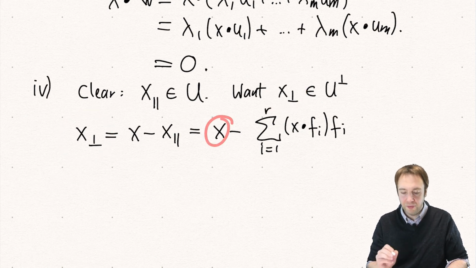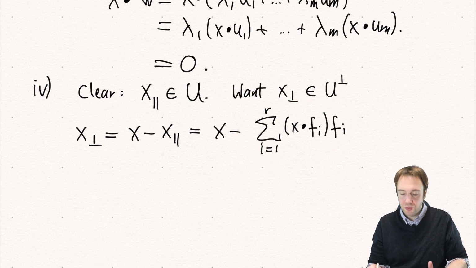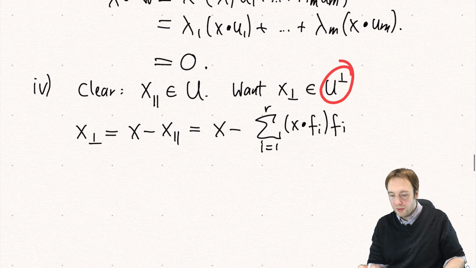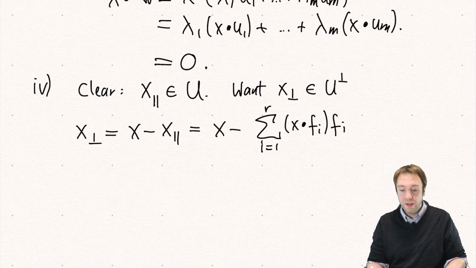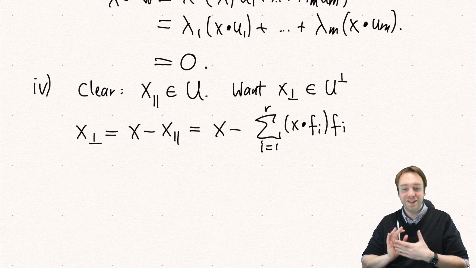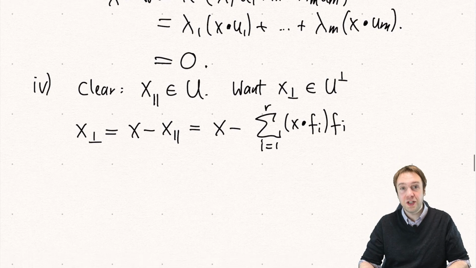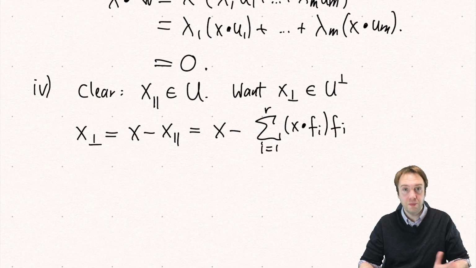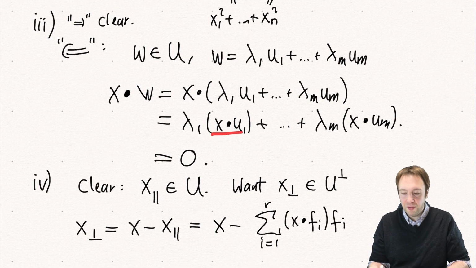It's the vector X minus this linear combination. And we want to show that this is in the orthogonal complement of U. To show that something is in the orthogonal complement, we just need to check if it's orthogonal to the basis elements, because this is what we just proved. If something is orthogonal to the basis elements, then it's already in the orthogonal complement.